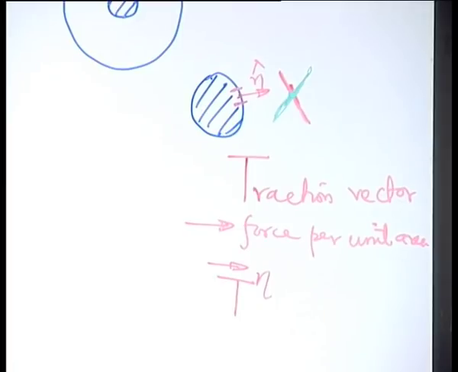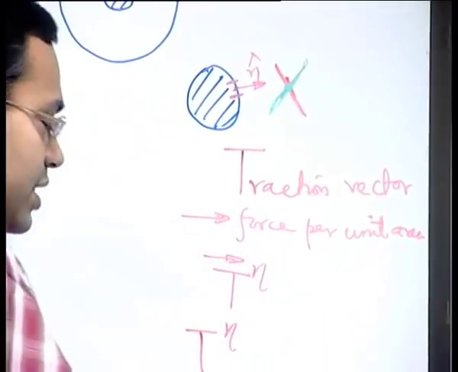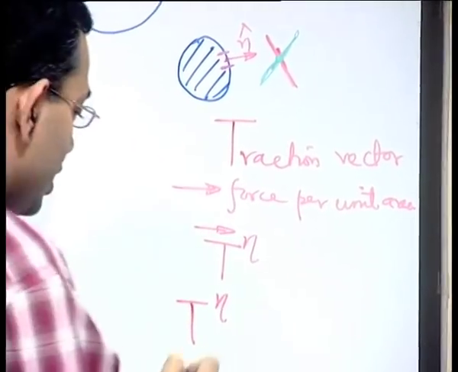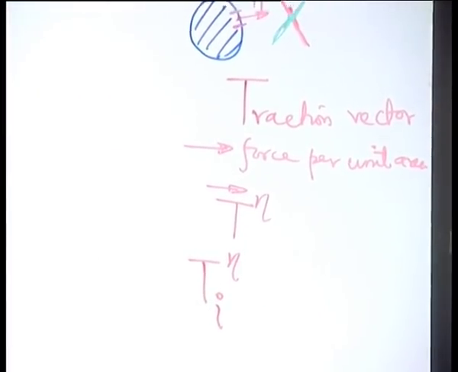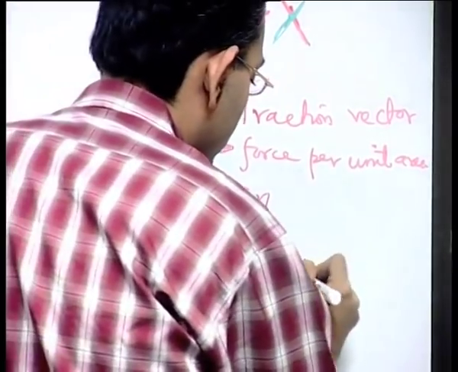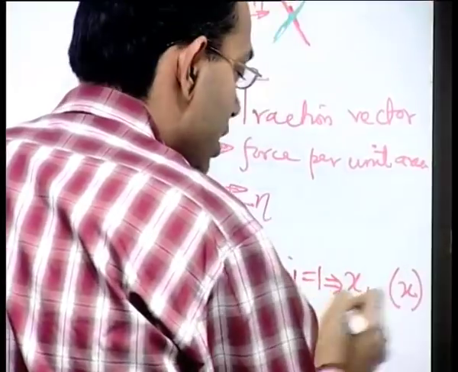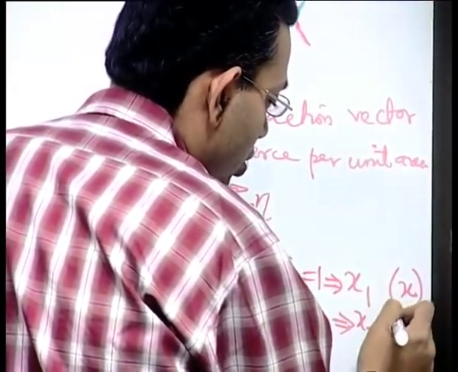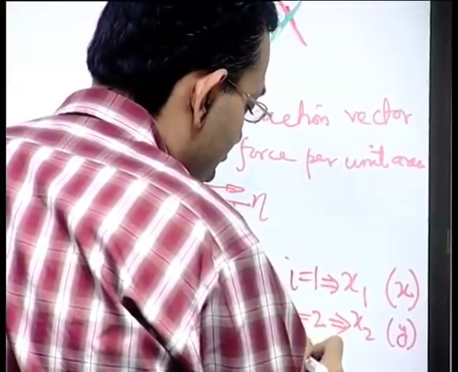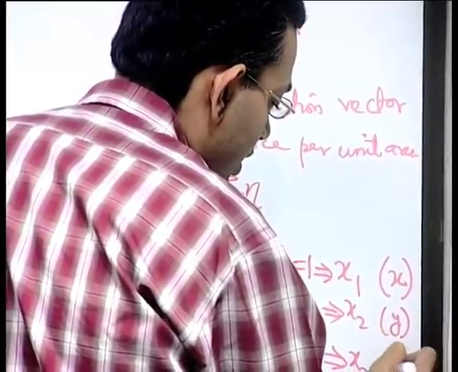If we consider this vector, any component can be represented by an index i, where i equal to 1 implies x1 or x, i equal to 2 implies x2 or y, i equal to 3 implies x3 or z.